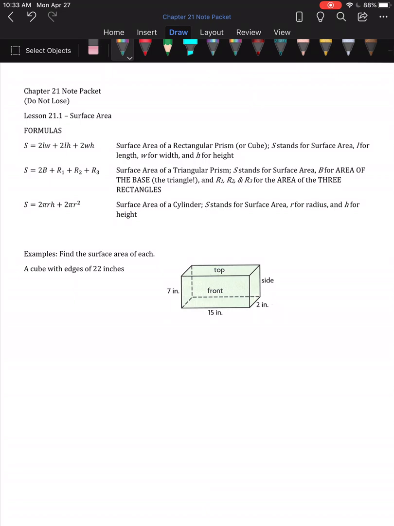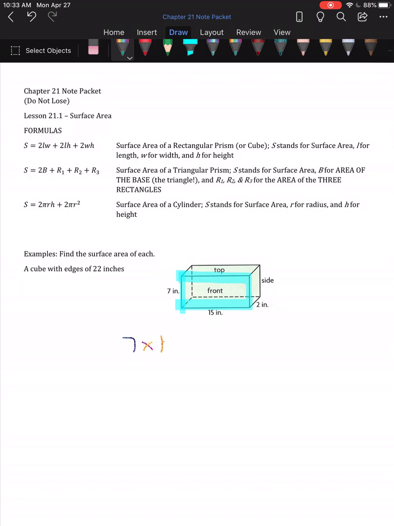So up next, we've got a rectangular prism. And this time I'm going to use my cheat sheet. So the cheat sheet says, find the area of the front rectangle. Okay, well, the front rectangle is this right here, the one that is 7 by 15.